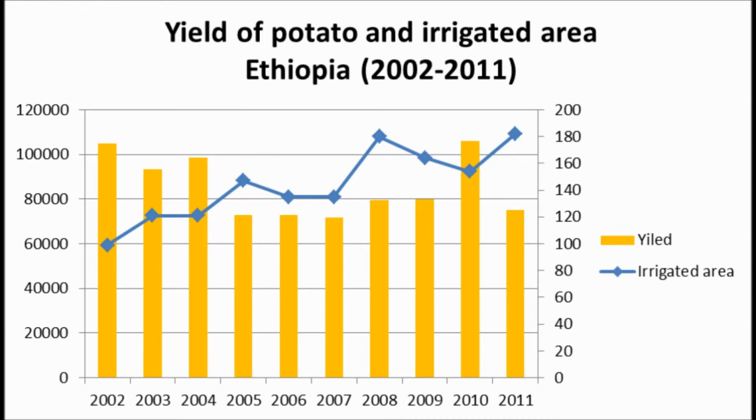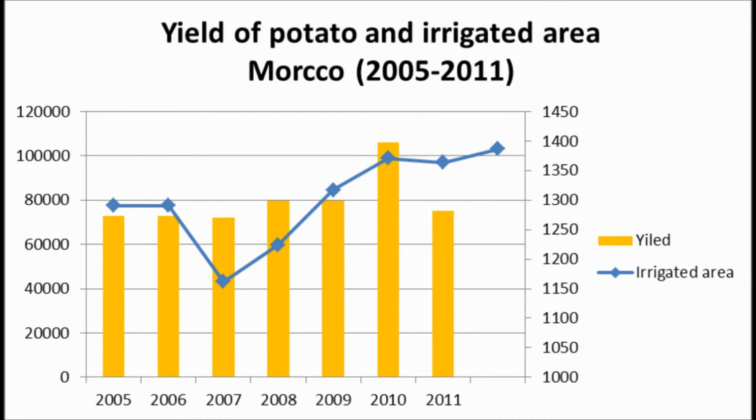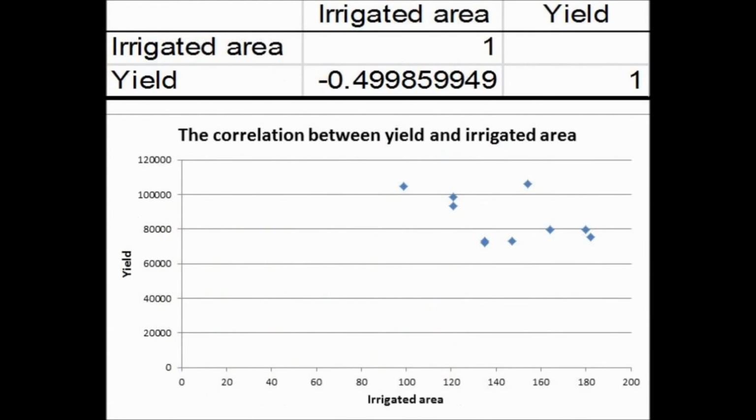Okay, another graph using the same Excel tools to describe the irrigated area and the yield level of potatoes in Morocco from 2005 to 2011. There seemed to be no evidence to prove any correlation between these two variables. Then we decided to make a statistical analysis.